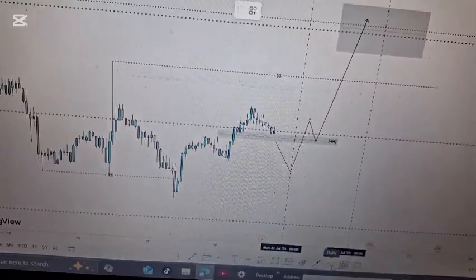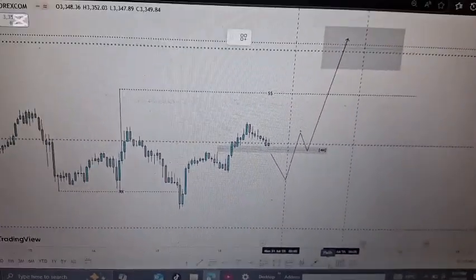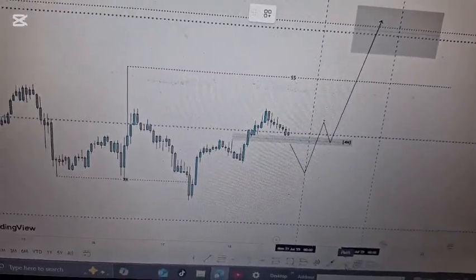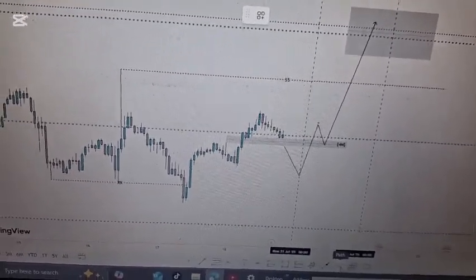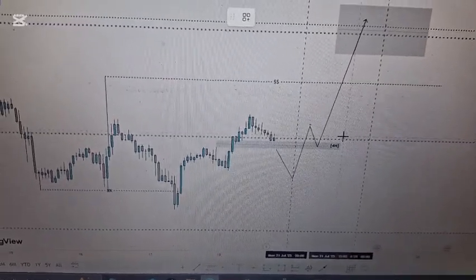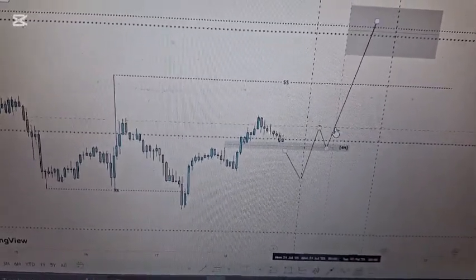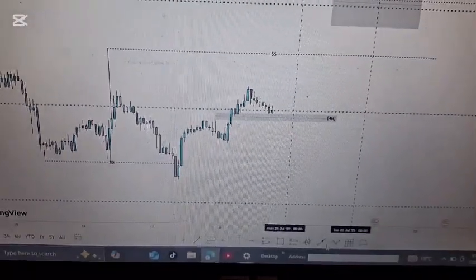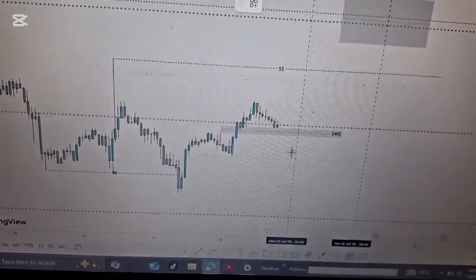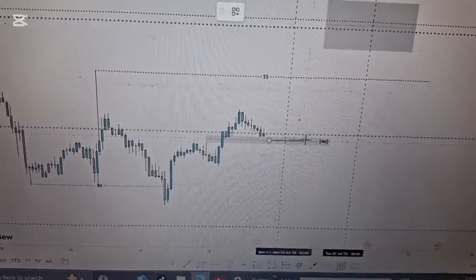Remember, if the market is gonna be bullish the whole week, it has to create the low of the week on Monday or Tuesday. Let me remove this and explain it properly. What I mean is, let's say it creates the low on Monday.